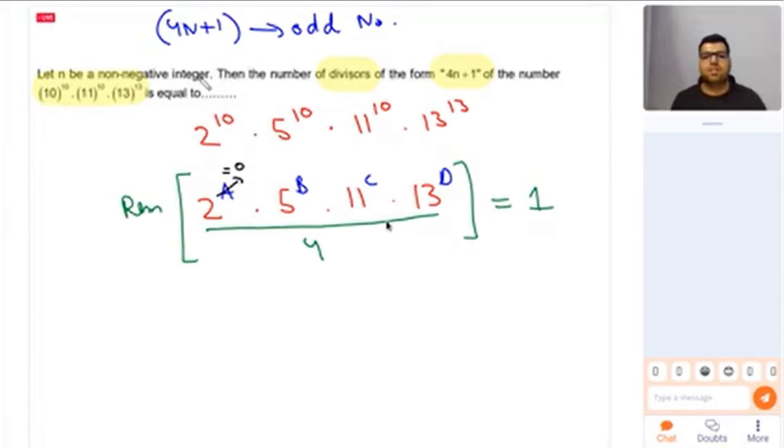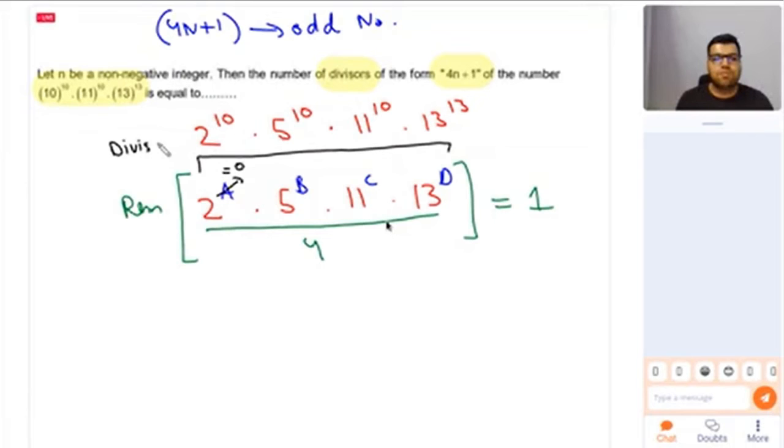This is our divisor. I'm just writing for more clarity. Since the divisor is of 4n plus 1 form, which is odd, in 2 raised to power a, a should be equal to 0, because for an odd number, we cannot have any power of 2. So a is definitely equal to 0, just one possibility. Okay, students, this much is clear.